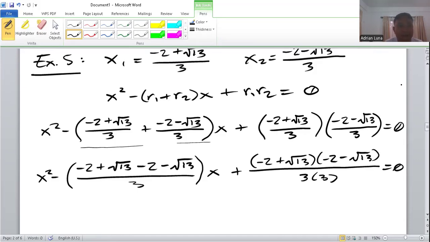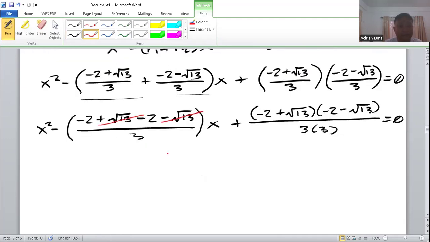Alright, pansinin. Dito meron na magka-cancel. Ayan, see? Positive square root of 13 at negative square root of 13. And we are left with negative 2 minus 2.